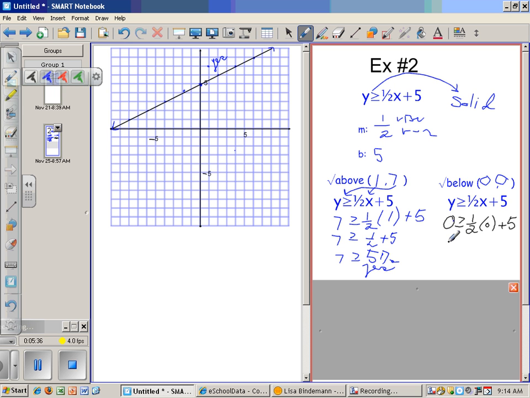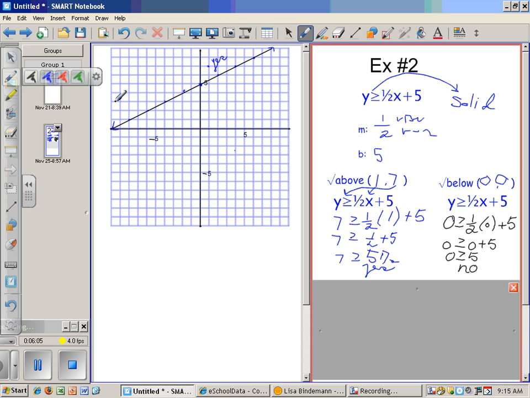Zero times 1/2 is 0. Added to 5 is 5. Is 0 greater than or equal to 5? Looking at the number line, no. So we want to graph and shade above. So above this line is the part that checks. That's where we had yes.